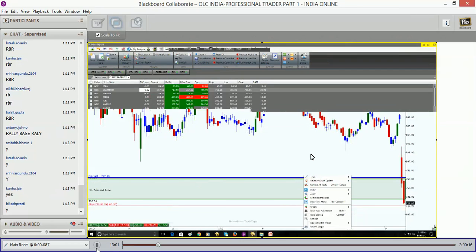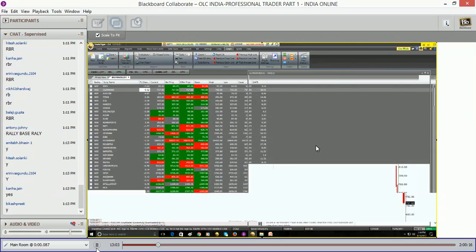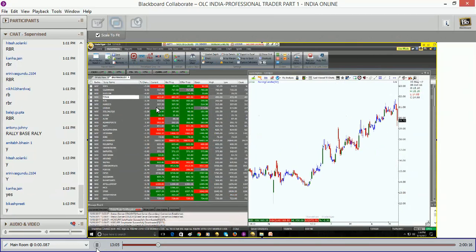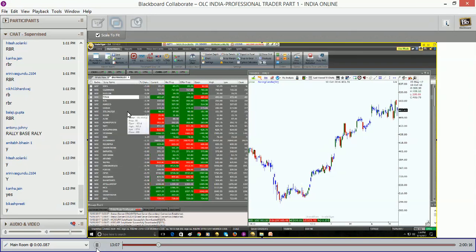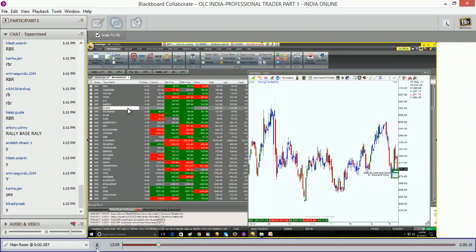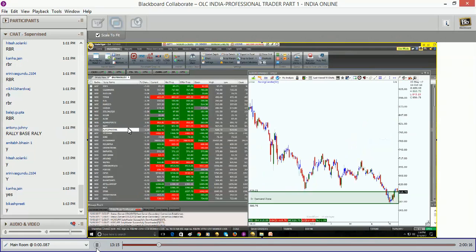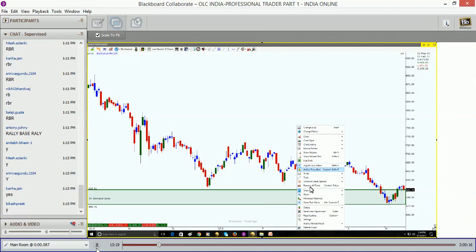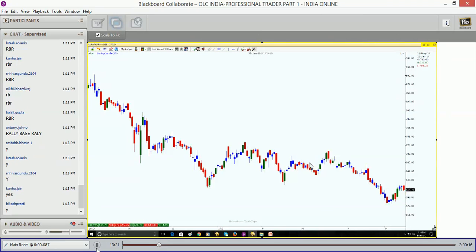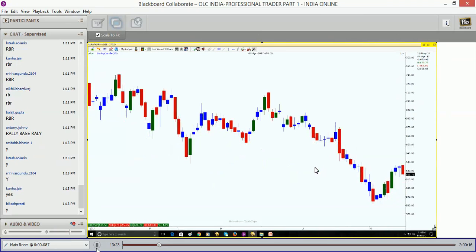Glenmark again down 5% today. Lovely. Now I'm looking to mark a supply zone in Aurobindo Pharma, friends.